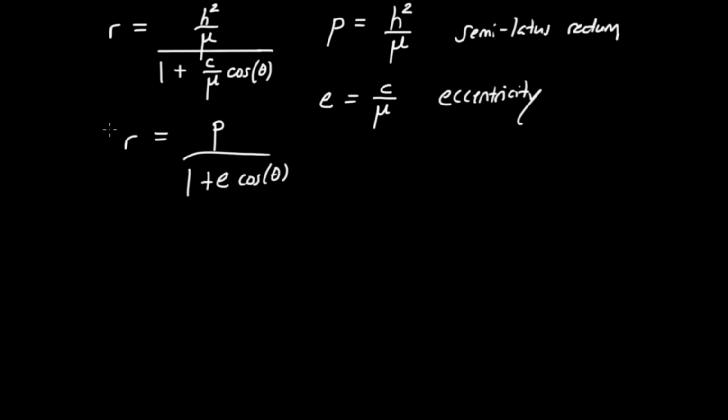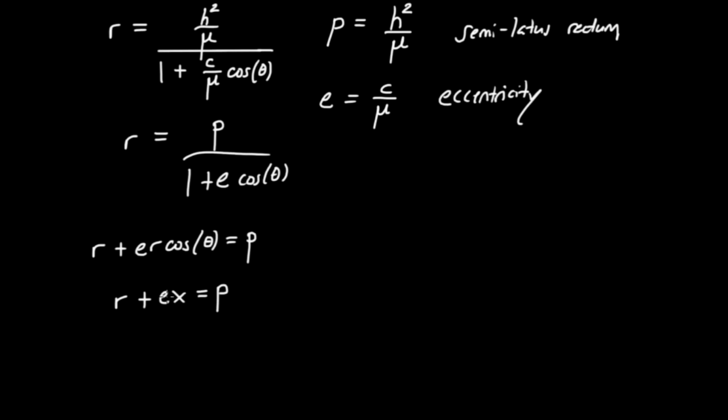I'm going to cross multiply and set that equal to P. So I have r plus E r cosine theta equals P. Remember, we're working in polar coordinates, and r cosine theta is equal to x. So on the left hand side I have r plus E times x equals P.